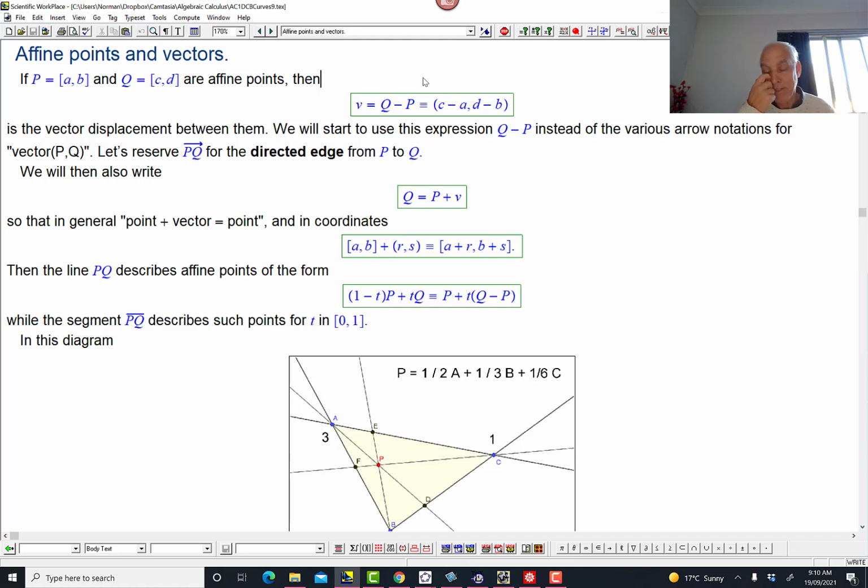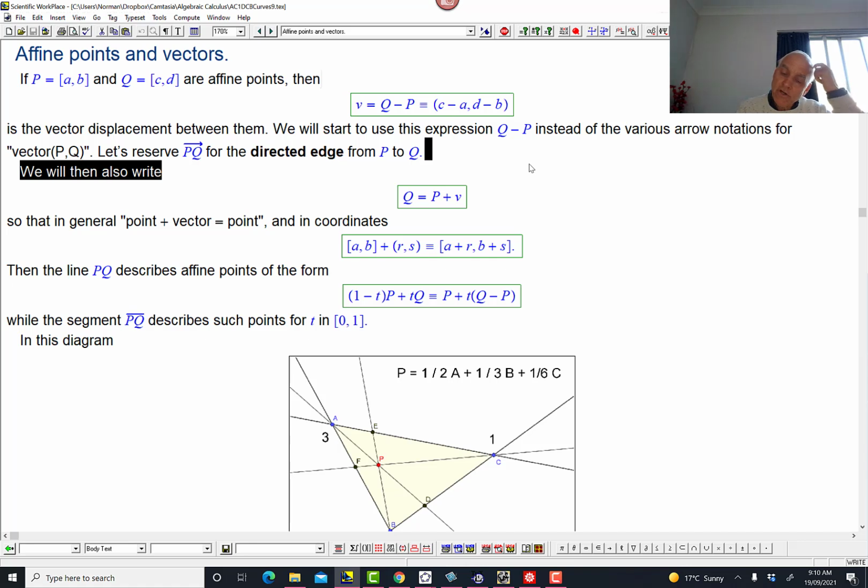Okay, in particular, the sum of p plus q is not defined for us. We're just defining this new expression, q minus p, for these affine points and calling that a vector.